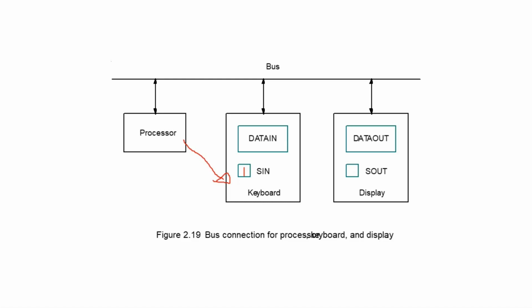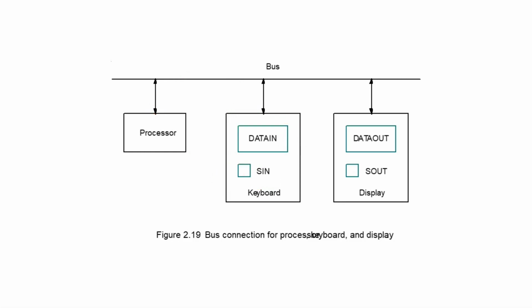So if SIN is 1, then the processor reads the data from the data in memory of the keyboard and places it in the processor. So every time before reading the memory of the keyboard to get the data, the processor has to keep checking the SIN signal. If it is 1, that means the keyboard has prepared the data and the processor can move forward. Otherwise the processor has to keep checking the SIN signal until it becomes 1.